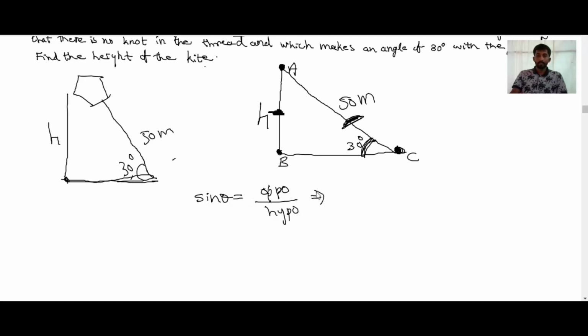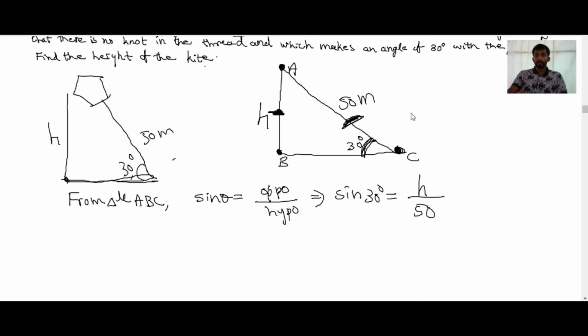Okay, this implies, from triangle ABC, we have the formula sine theta equal to opposite by hypotenuse. This implies sine theta, what is theta? 30 degree is equal to, what is opposite? h, divided by the hypotenuse, which is 50 meter.